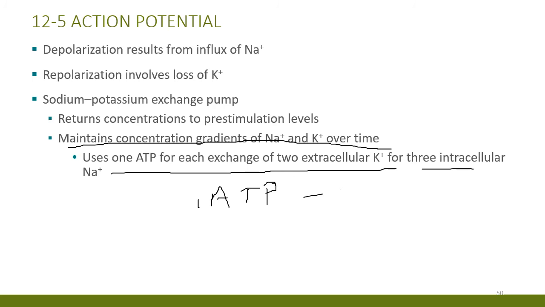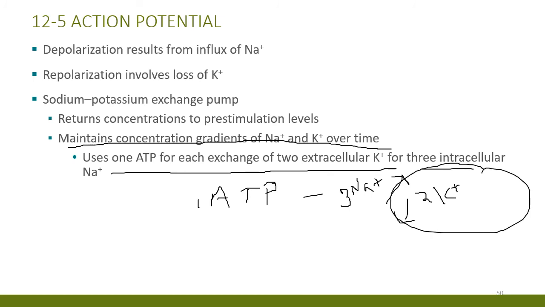And 1 cycle is 3 sodium out, for 2 potassium in. And the end result is you'll have more potassium inside and more sodium ions outside.